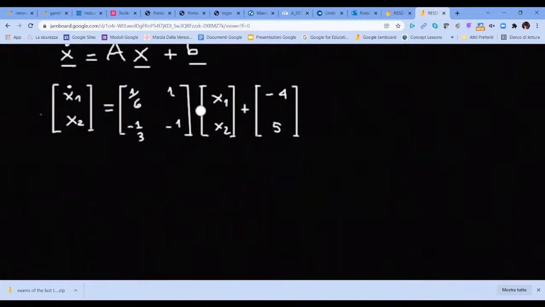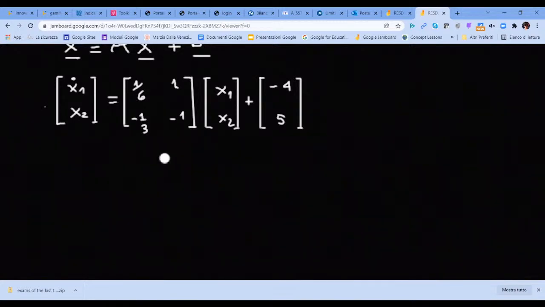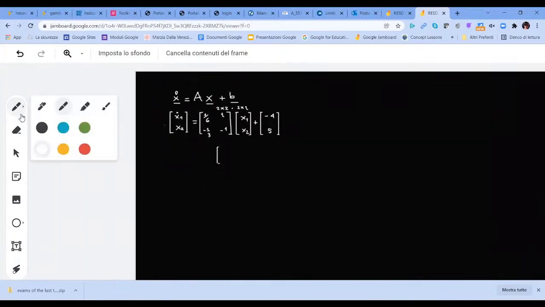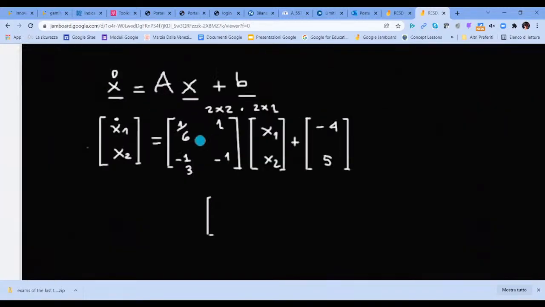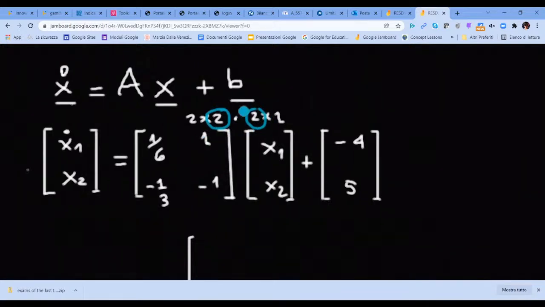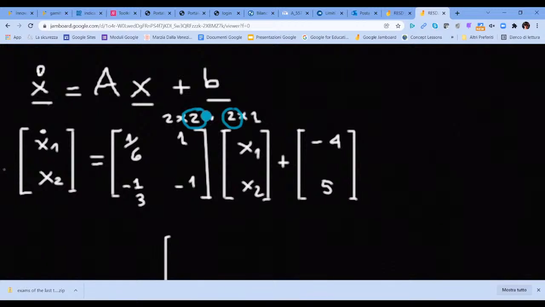Okay, to remark, the product between two matrices means that the result will be, first of all, 2 by 2 multiplied by 2 by 1. The matrices can be multiplied, and this is the case because the number of the columns of the first matrix is equal to the number of the rows of the second matrix.